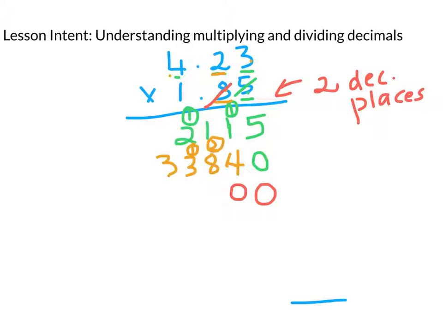Okay. So now what we have to do is go 1 multiplied by 3 is 3, 1 multiplied by 2 is 2, and 1 multiplied by 4 is 4.